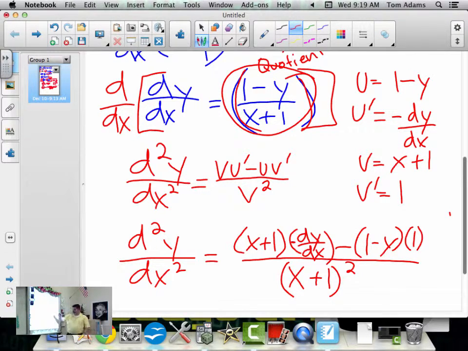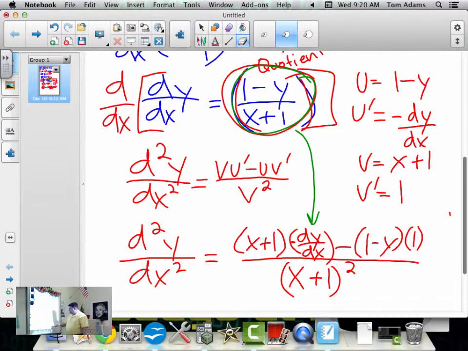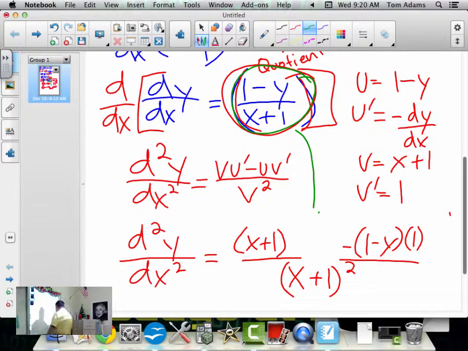So I'm going to take this, right here, and I'm going to insert it right here. So let's just do that. I'm running out of board space. It's a negative dy dx, so I'm just going to take this, and I'm just going to write times negative 1 minus y over x plus 1.